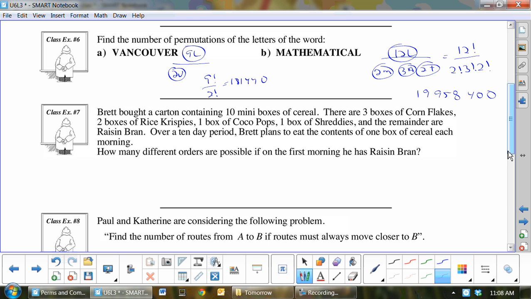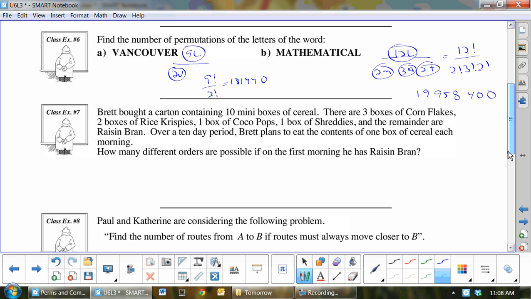Now, this is a question that I'm sure has plagued many of you: how many different combinations or permutations could I have of breakfast in the morning camping?